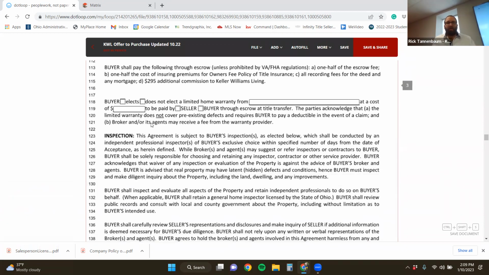Line 118, home warranties. If you're representing a buyer, what I do is go into the MLS first and see if they're offering a home warranty. If they're offering the home warranty, I'm going to check buyer elects to have a home warranty from, call the listing agent, and ask where the home warranty is from. They'll tell you it's America's Preferred Home Warranty. You can ask them how much is the premium and put that in the next line on 119.